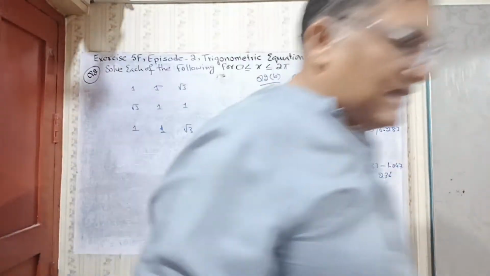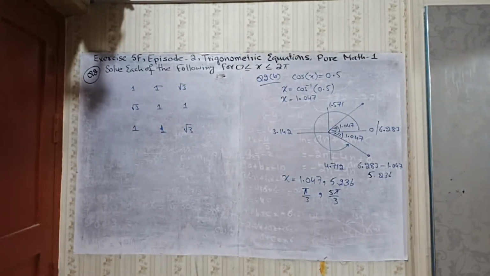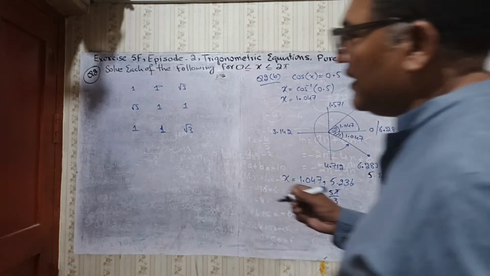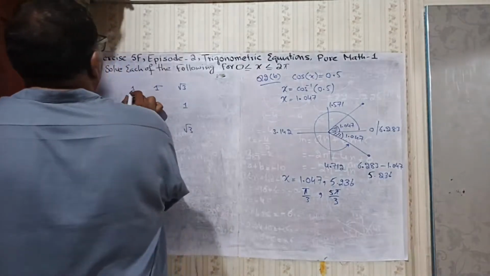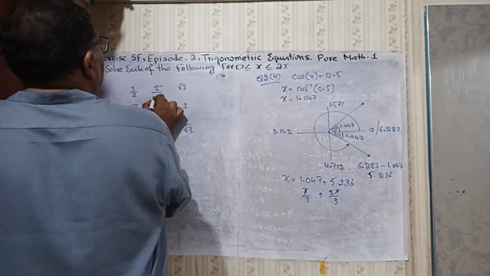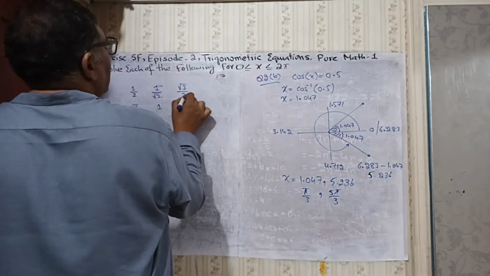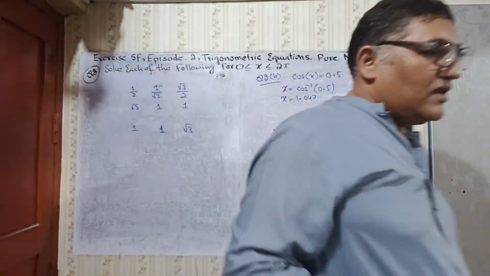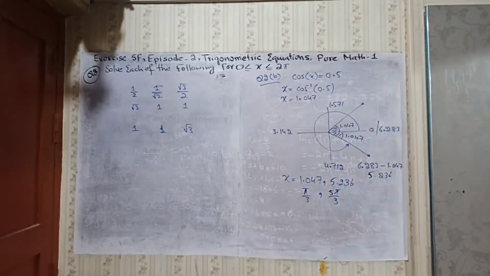Okay, first of all, I write this. This is that table. I always write 1 under root 3, then I write under root 3 1, then I write 1 under root 3. Here I divide it with the 2, divided with the under root 2, divided with the 2, divide with the 2, divide with the under root 2, divide with the 2.